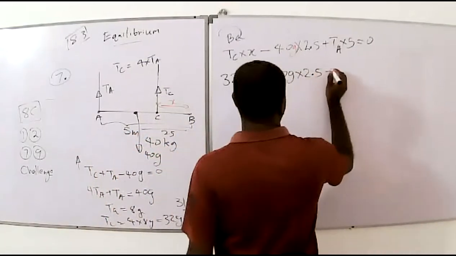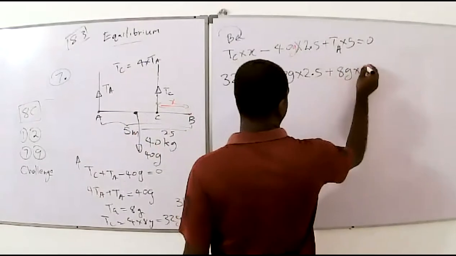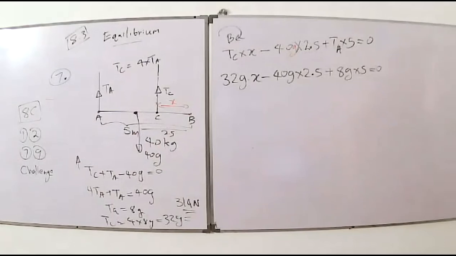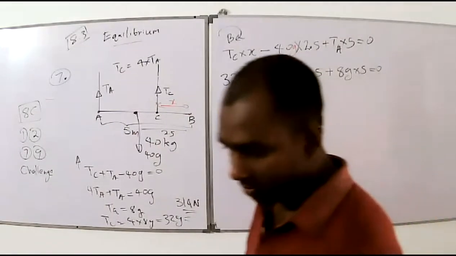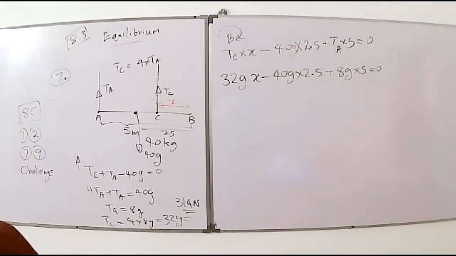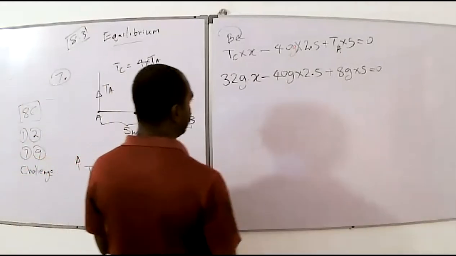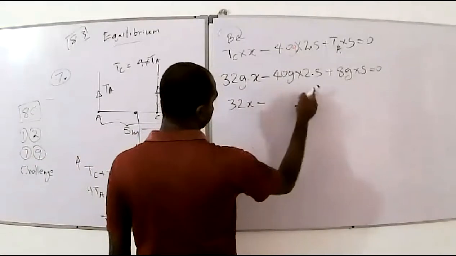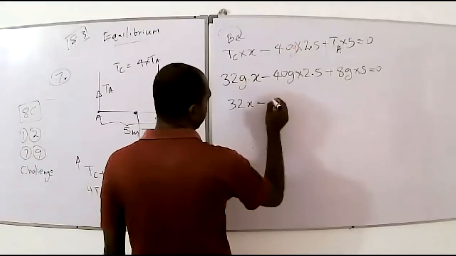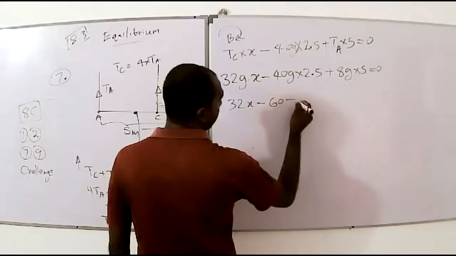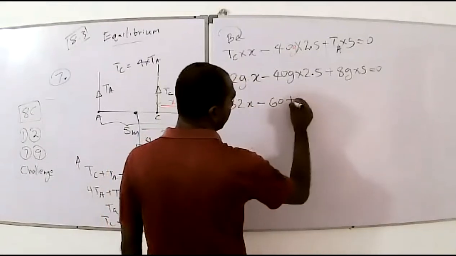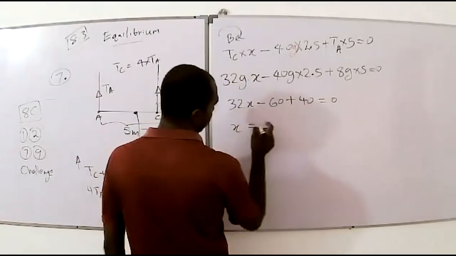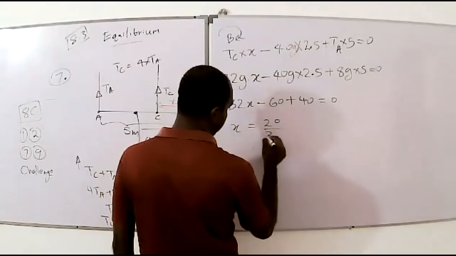Here we have plus 8G into 5. So G, the gravitational acceleration, is available in all. What you can do is cancel everything by G. So you will have 32x minus how much is it going to be? 60, no? 60. Here we have plus 40.